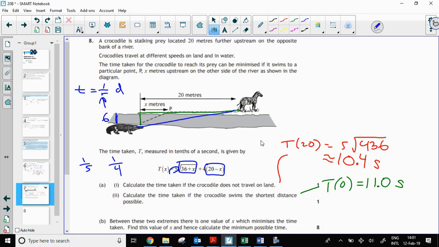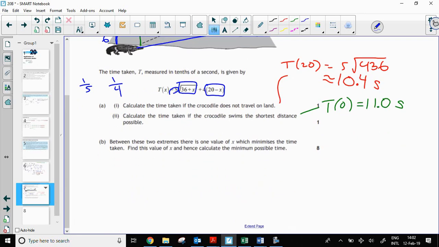But anyway, I digress. Let's now answer the final question. So between these two extremes, between running a distance of 20 versus running a distance of 0, there's actually a fastest time, a minimum time taken for the crocodile to get to the zebra.